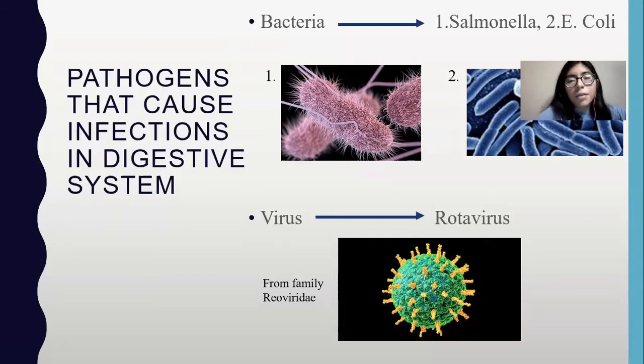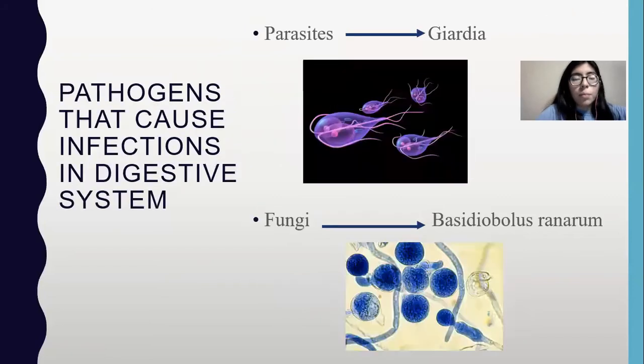The rotavirus is from this family here, and it has a double-stranded RNA genome. For the parasites, we have Giardia, which is the most common intestinal parasite. This parasite is microscopic and it lives in the intestines.